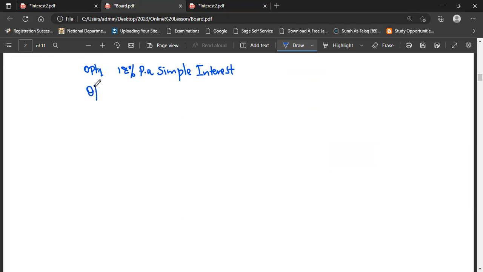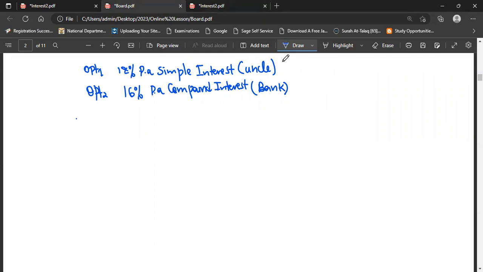Or option 2, he takes the bank and it charges him 16% per annum compound interest. Anyway, let's find out which option will be better. This one's from the uncle. This is from the bank.